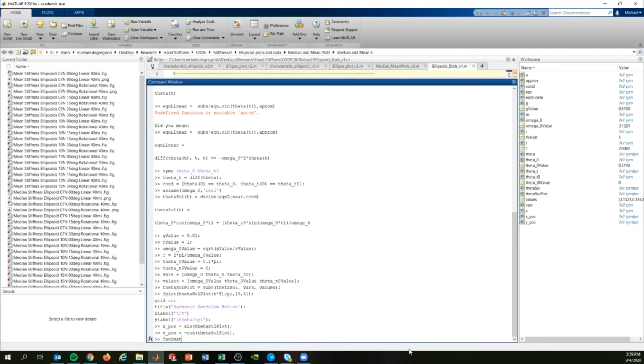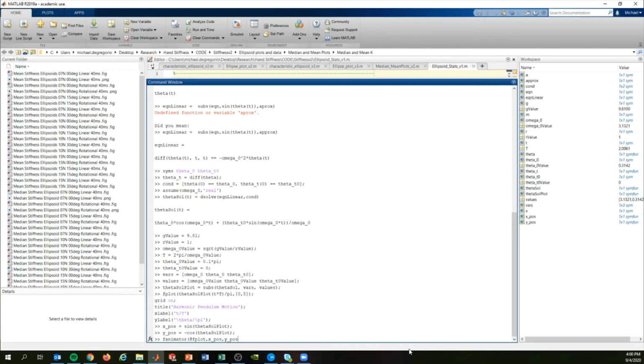f animator at f_plot, comma, x_pos, comma, y_pos. So we're using f animator. What does f animator do? It makes an animation. We're using our previous plot, our plot at f_plot.